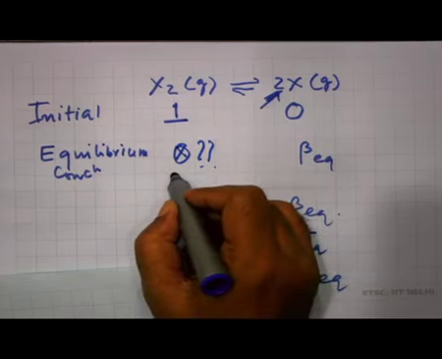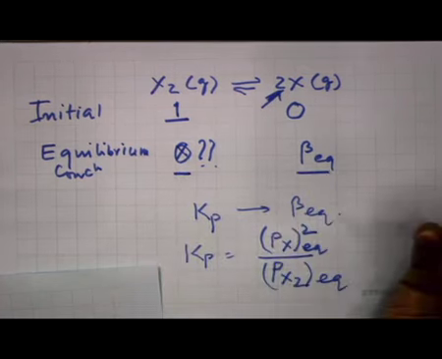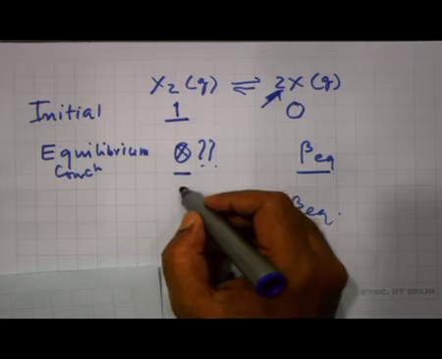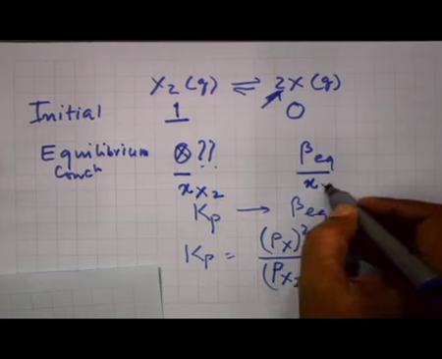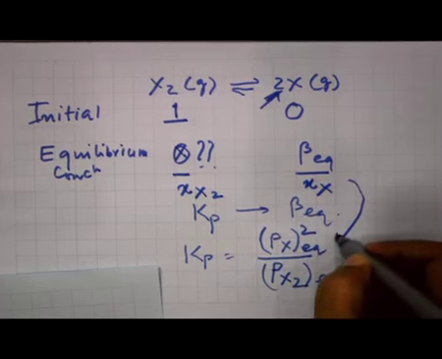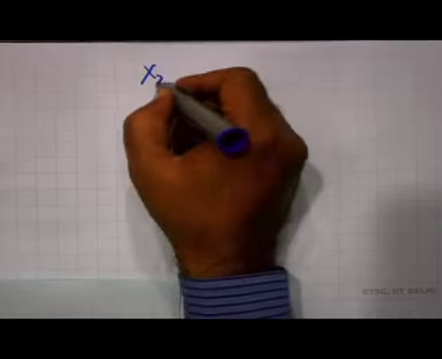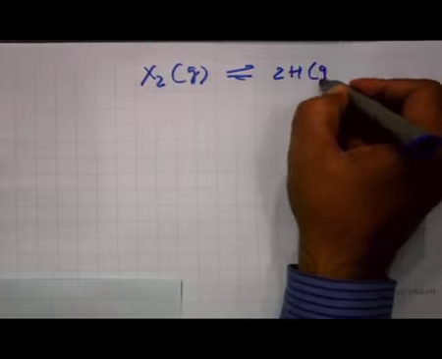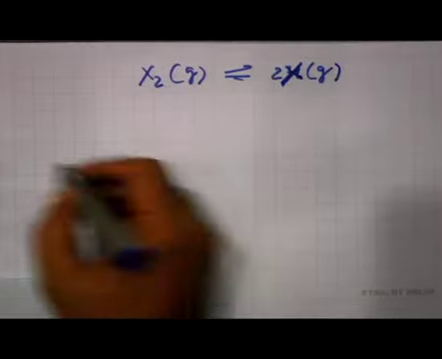Once we know the number of moles of X2 and the number of moles of X, then we need to calculate the mole fraction of X2 and the mole fraction of X, and then finally, we can calculate your Kp. So, let us go and see. The first step here is the calculation of the equilibrium concentration of your X2.